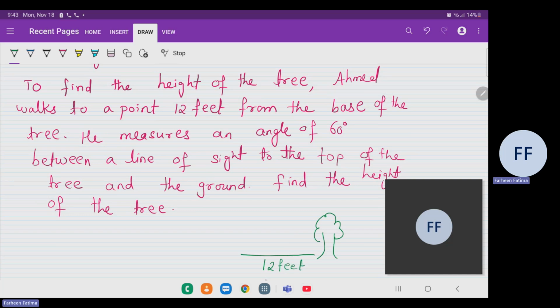Then he measures the angle to the top of the tree, which is 60 degrees. This is how you visualize the figure.